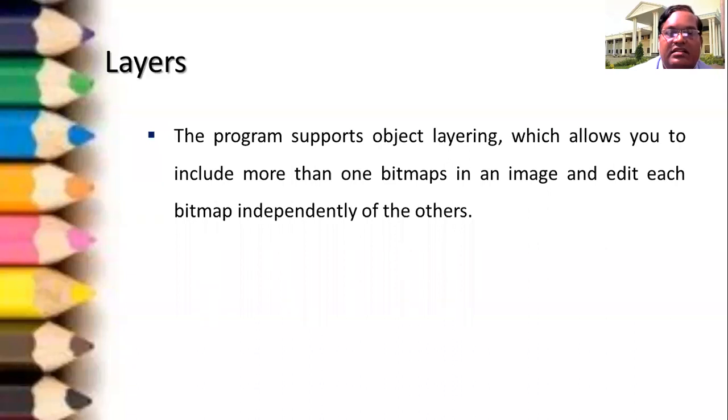So you can collect different bitmaps independently and join them together in a single bitmap. That is called layers. In each layer you can have your own object, and by placing it in a particular place on an image, you can create a realistic effect on the graphics. So that type of image layering is also provided by graphics programs.